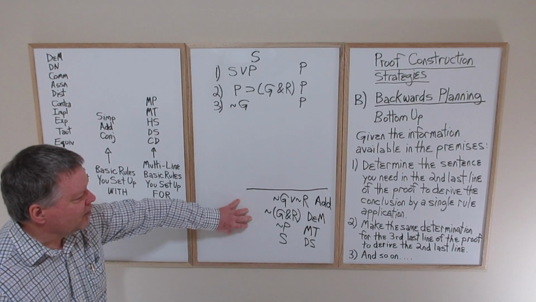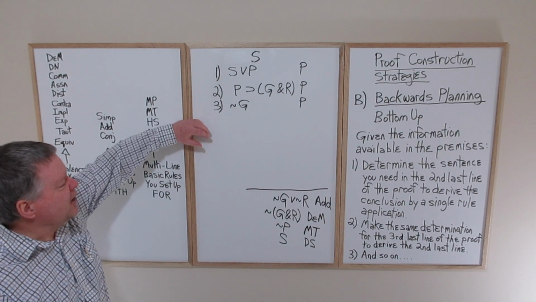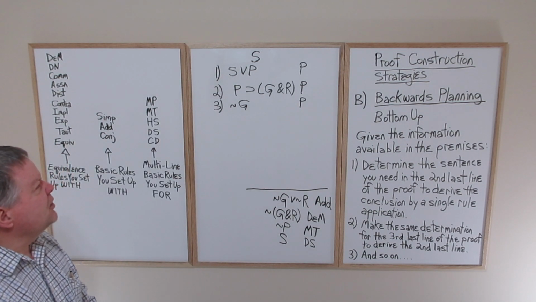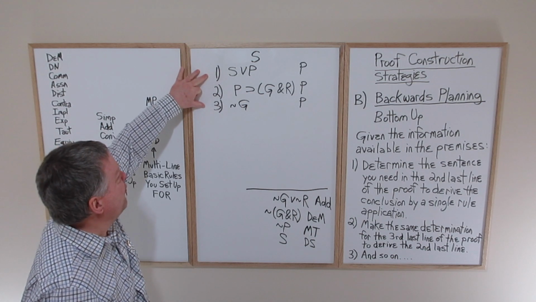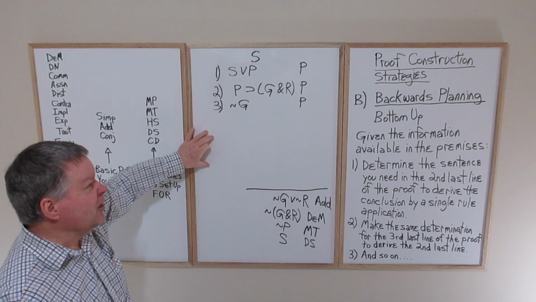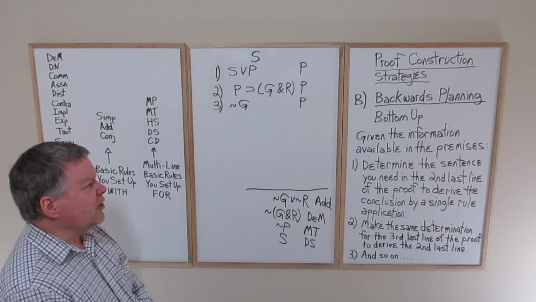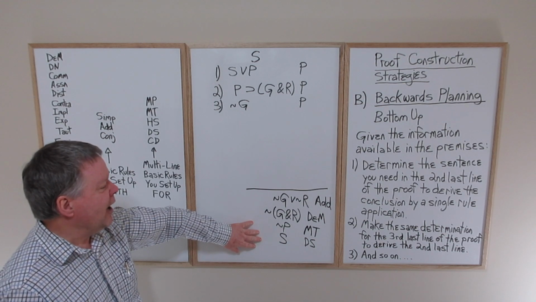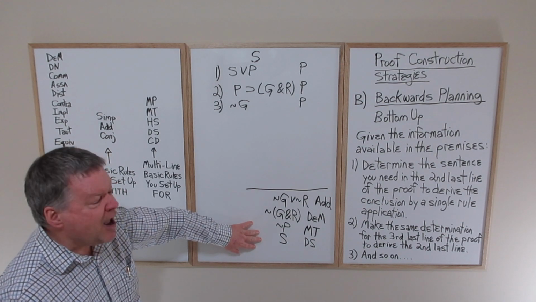So in this example, instead of planning our way downward, making rule applications on the basis of our initial premise set and gradually enlarging the information, we're using an alternative strategy where we're charting out how the proof is going to end.